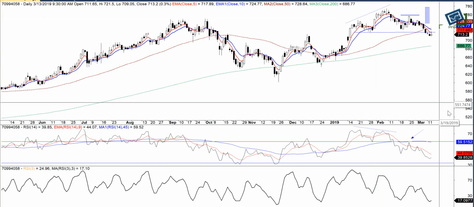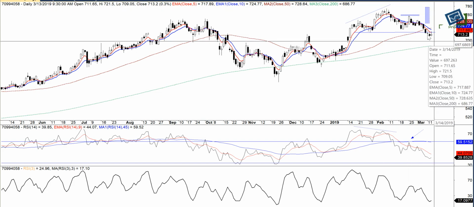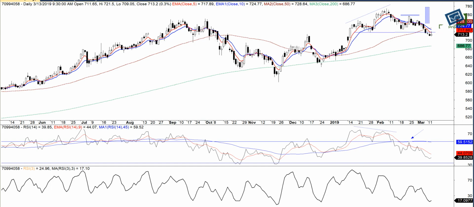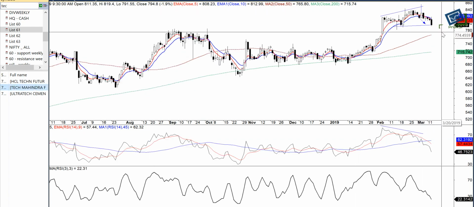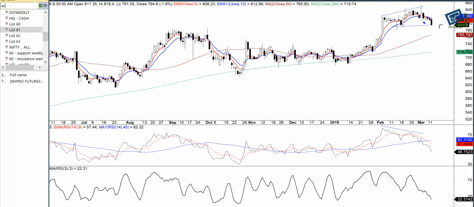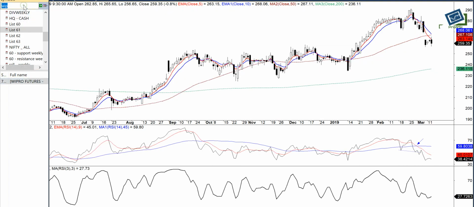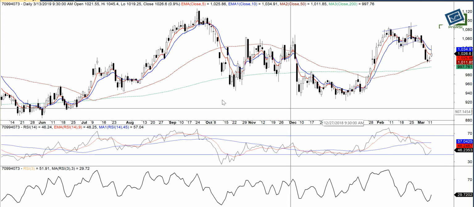So we have discussed this in the traders classroom, that it is going weak, and what it has done is it corrected very severely. We discussed TechM, and TechM has also corrected. We have discussed Wipro, it has also corrected, and we have discussed HCL, and it has also corrected. So these were some IT stocks that we were discussing.